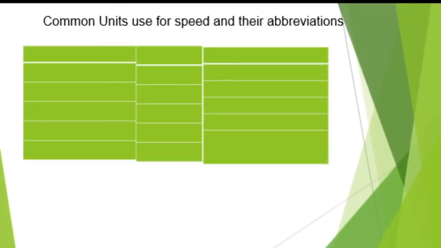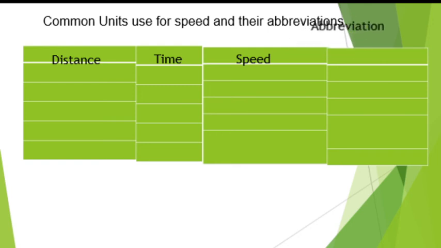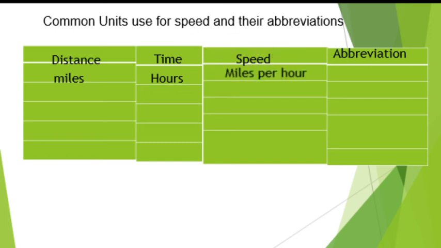And these are the common units for speed and their abbreviations. For distance, time, speed, and of course, its abbreviation: if the distance is in miles, the time is in hours, and the speed will become miles per hour or mph.